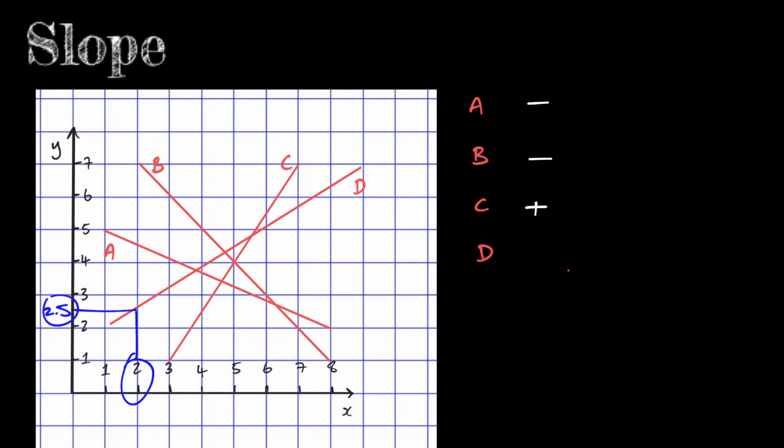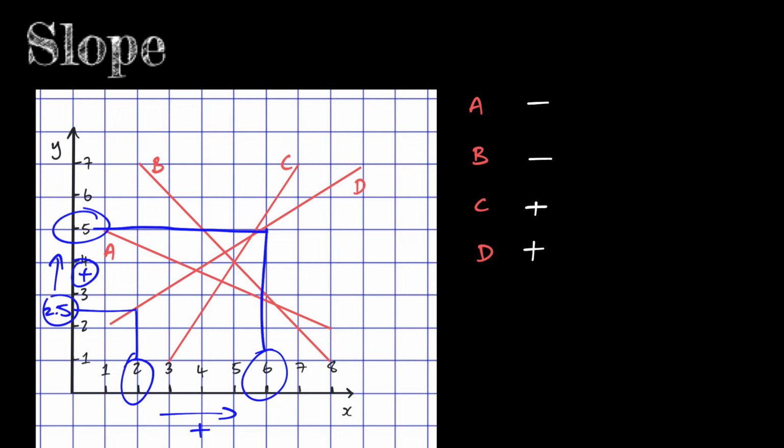And as that x value gets bigger, so let's increase it by 4, we'll get a y value of 5. So we can see that as the x value increases, the y value increases, so that's going to give us a positive slope.